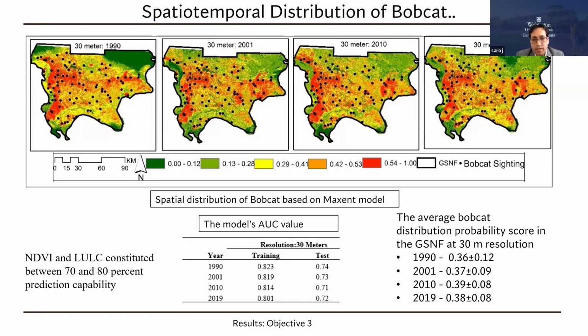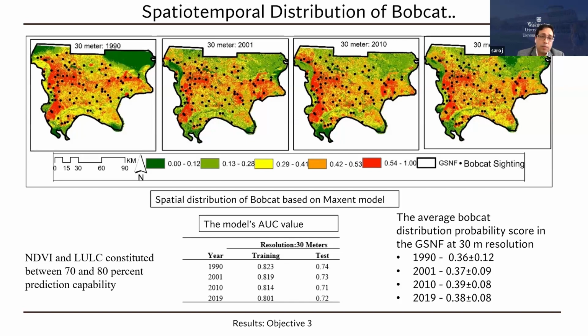The AUC value ranged between 0.80 to 0.82 on the training, and 0.72 to 0.74 on test. This level of accuracy is in the good to very good category in predicting the bobcat distribution.